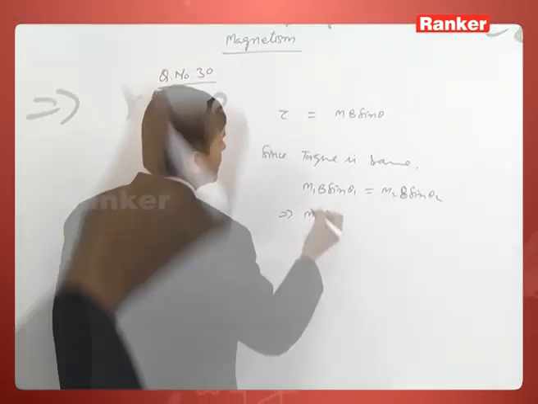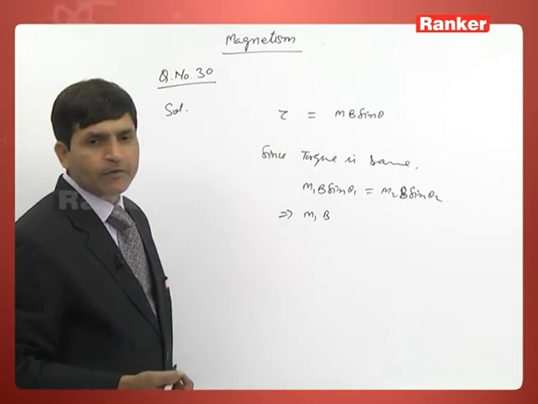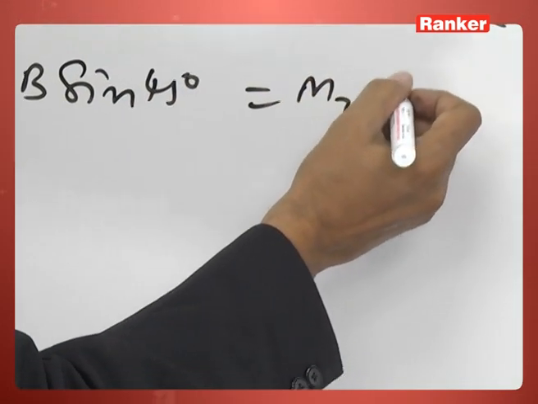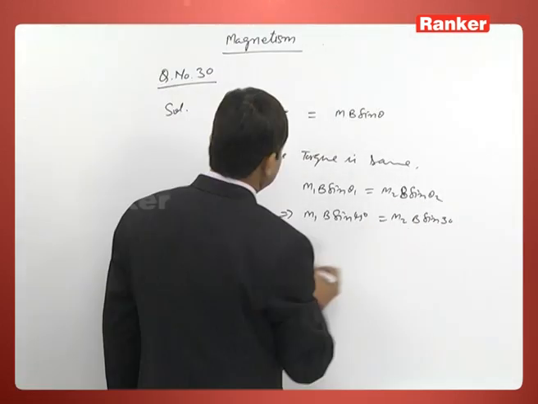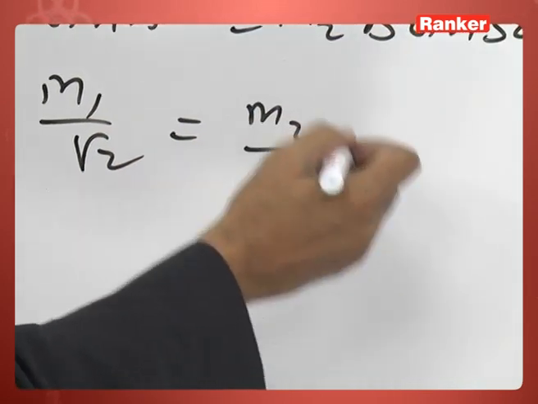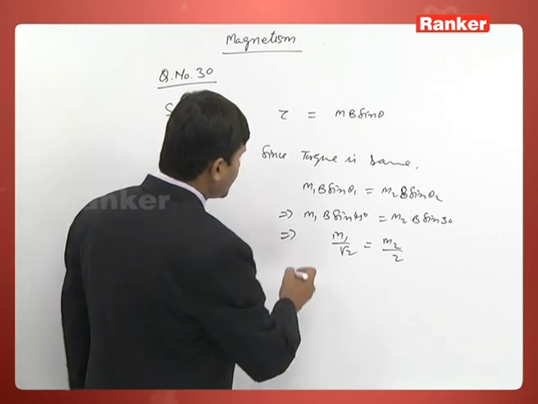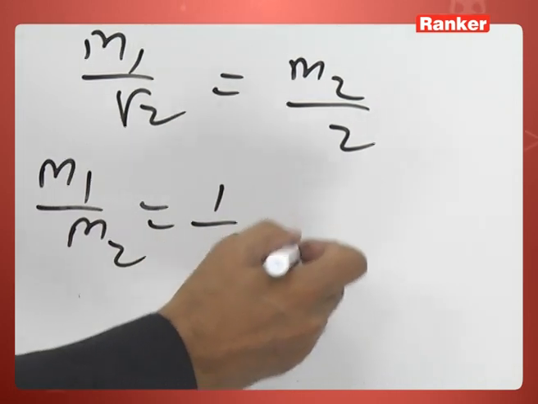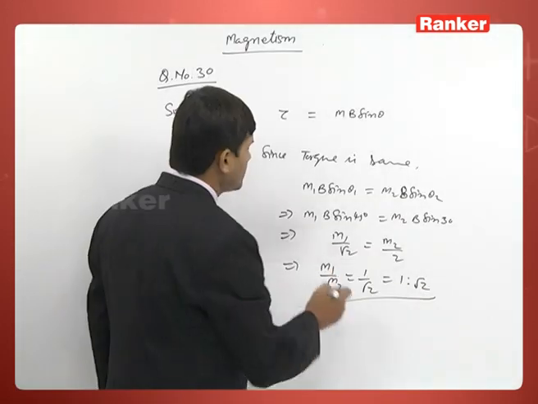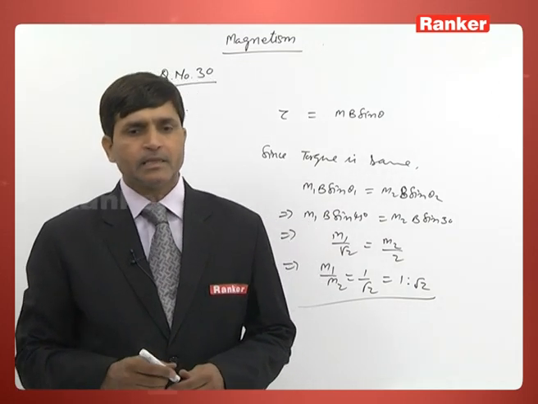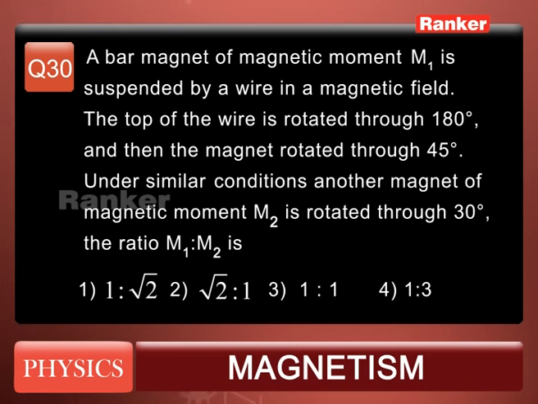So M1 B sin 45 equals M2 B sin 30. So M1 by root 2 is equal to M2 by 2, so M1 by M2 is equal to 1 by root 2, or 1 to 2. So this is the ratio between the magnetic moments of the bar magnets. So our correct option, option number 1, is the correct answer.